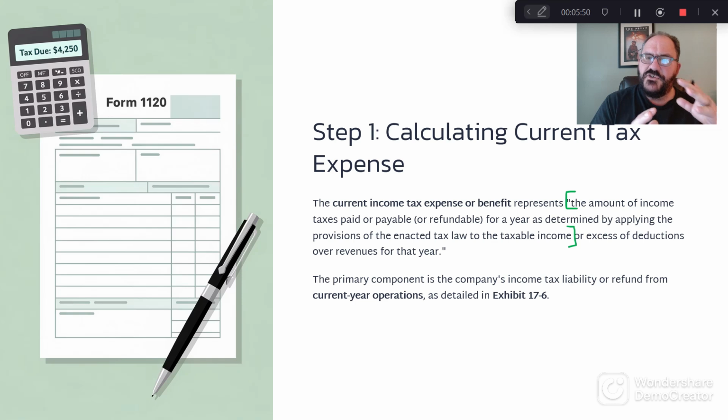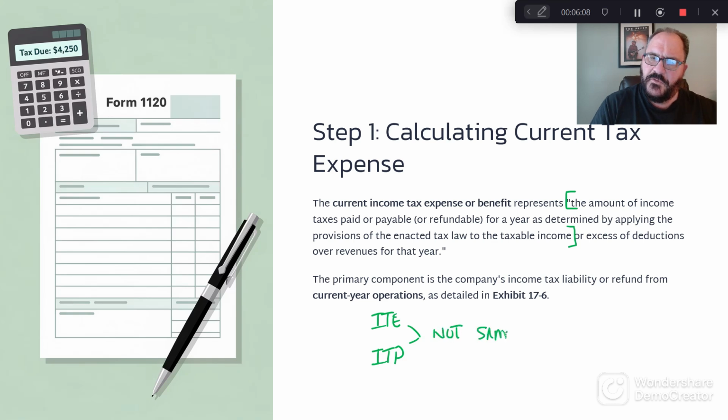So normally there's two items. There's income tax expense, and income tax payable. Okay? These two are not the same. This one is based on GAAP. This one is based on tax.